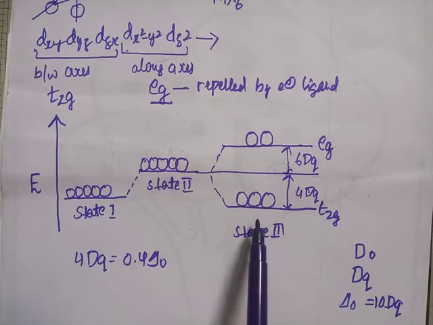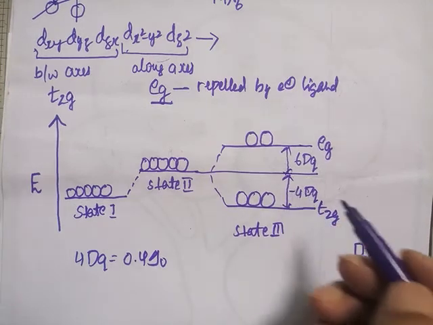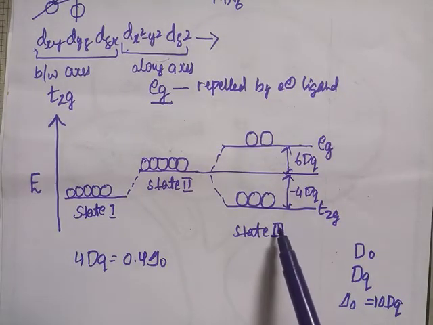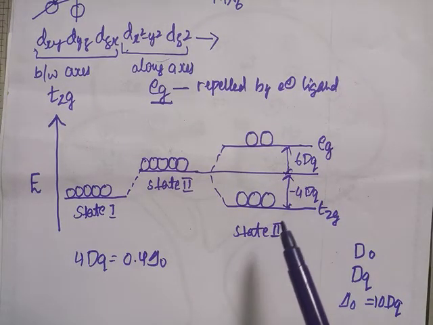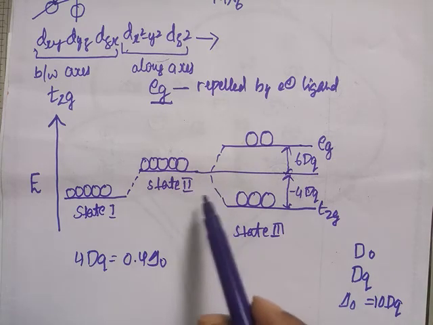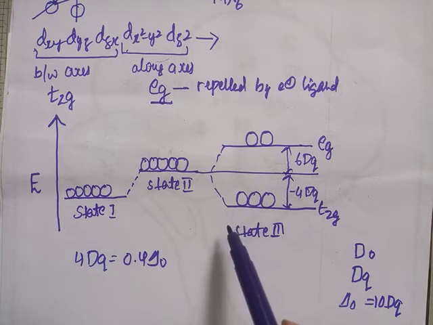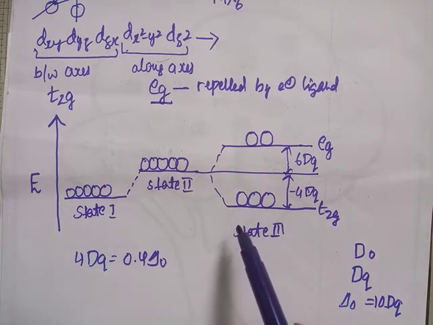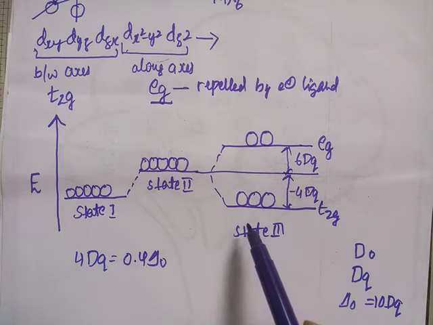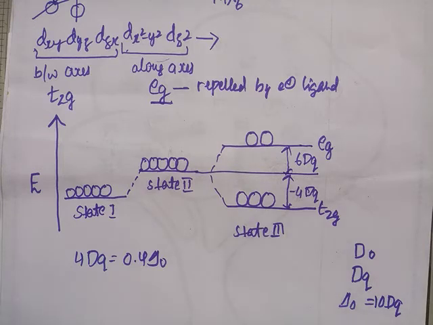This orbital has an energy of minus 4 Dq compared to the energy of the hypothetical degenerate orbitals, as shown here. Thus the octahedral complex will be 4 Dq more stable than predicted by the pure electrostatic theory. Therefore the energy of the complex would be less.